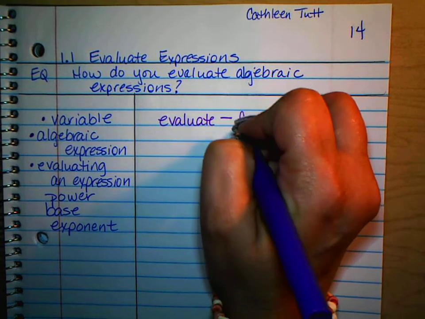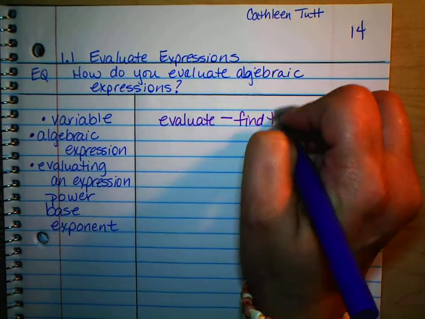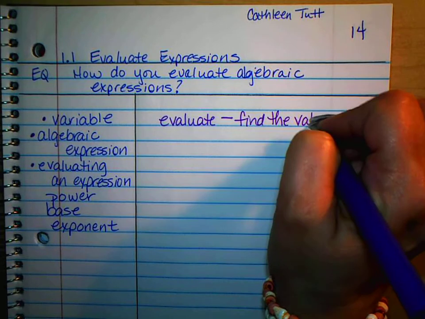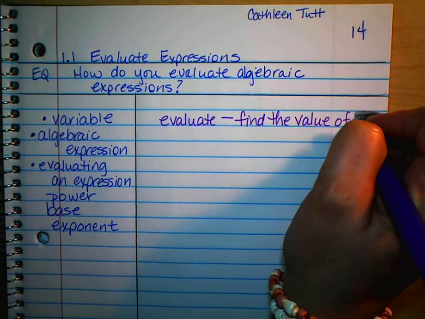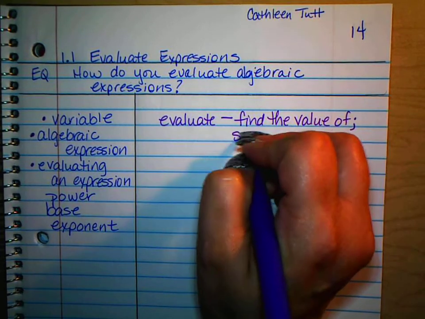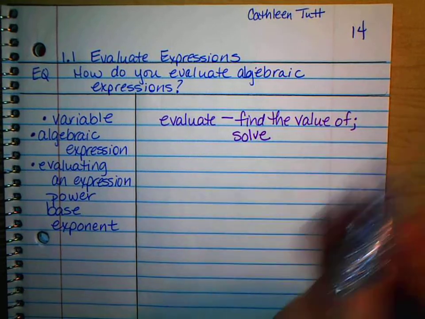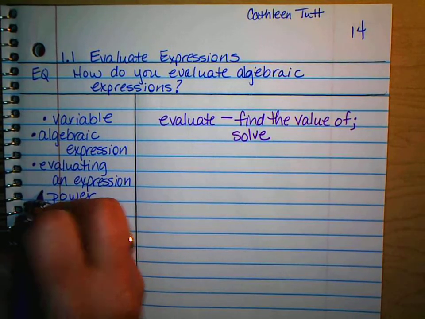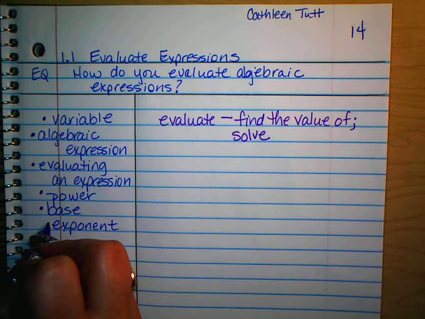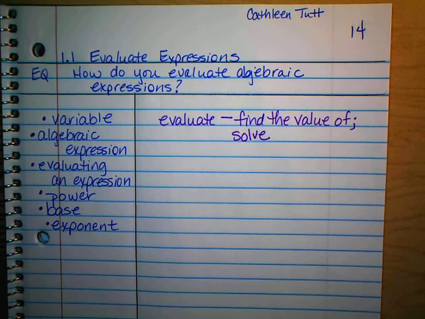Evaluate means to find the value of. Or another way to think of that is solve. We have power, base, and exponent. Those all go together. Those are the words that deal with an exponential expression.